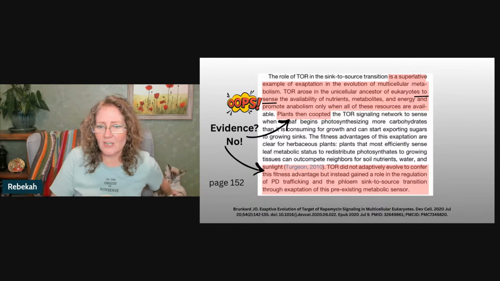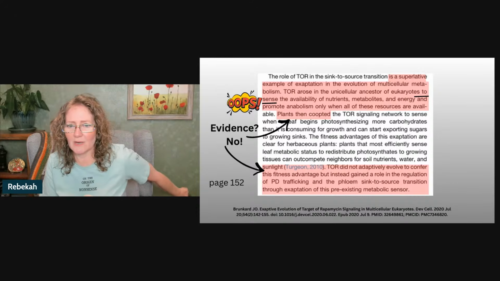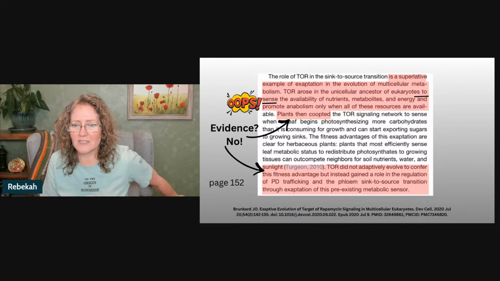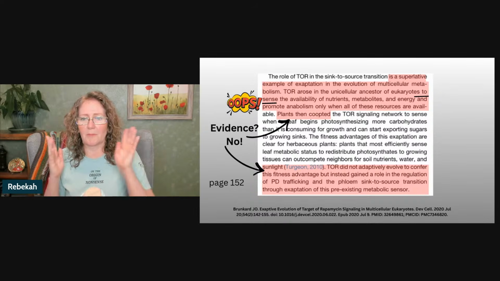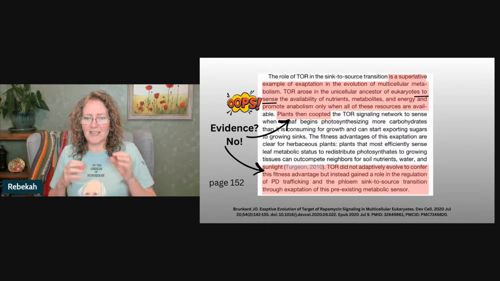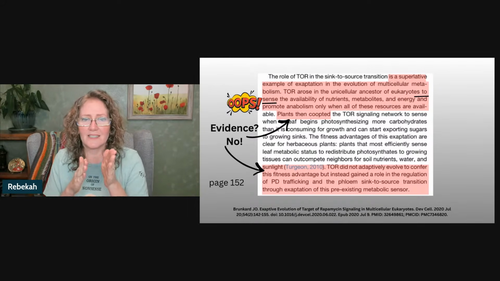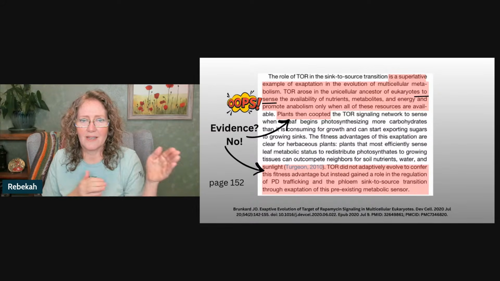Plants then co-opted the TOR signaling network to sense when the leaf begins photosynthesizing more carbohydrates, and so on. Okay. The point is, again, here, they're accidentally inserting intention.